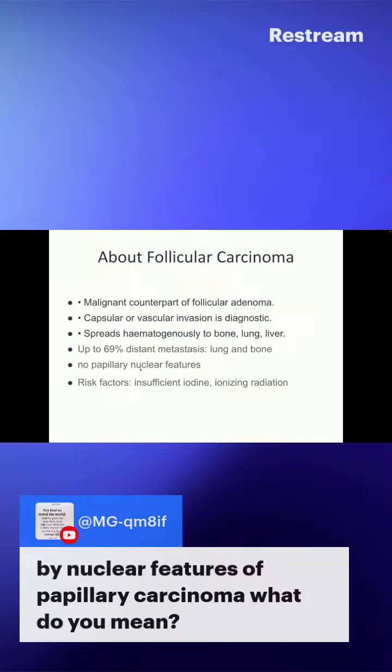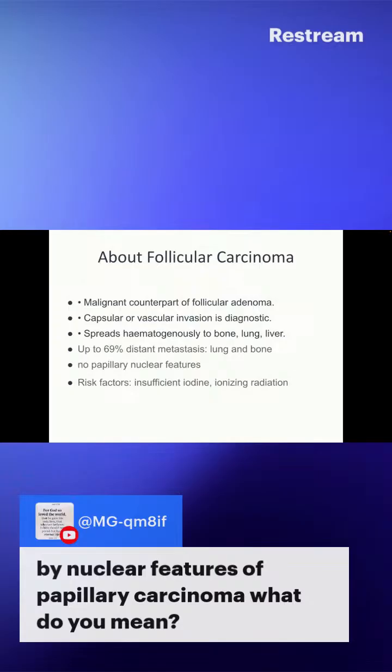Unfortunately, 69 percent of the patients have distant metastasis, which is not really a good thing. The most important thing is no papillary nuclear features, because there is an entity, but I'm not going to discuss it because it's really advanced, and I don't want you to get confused.